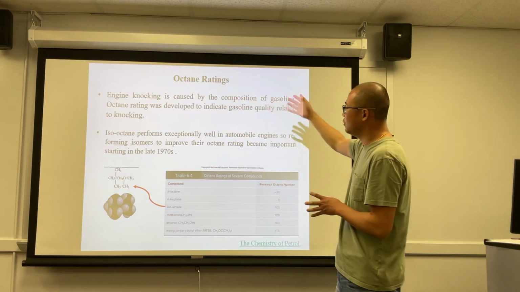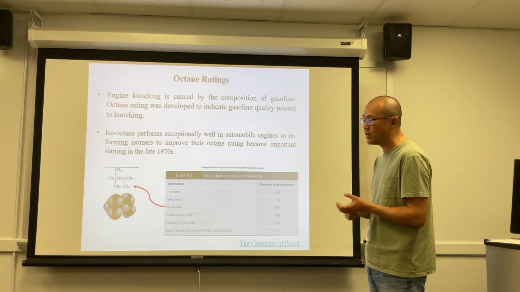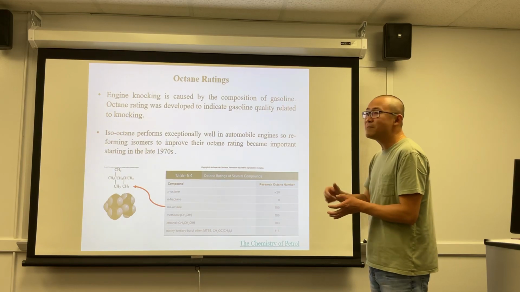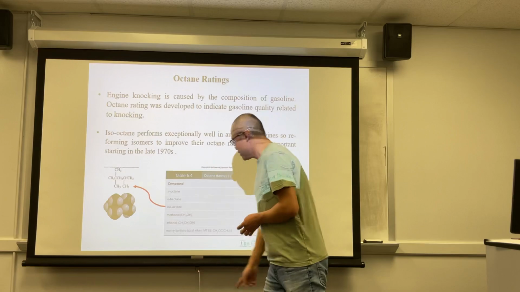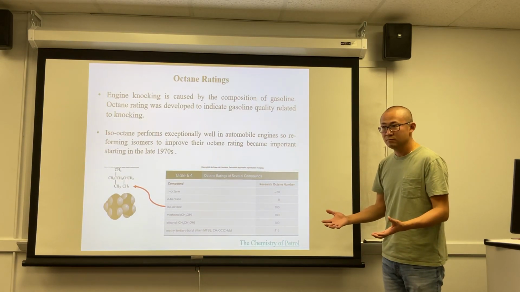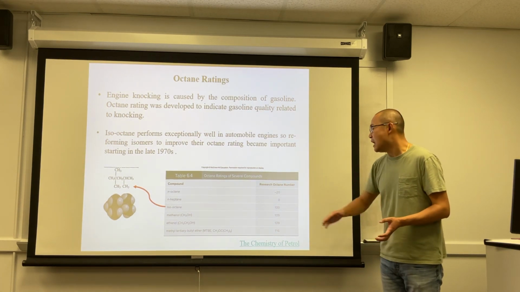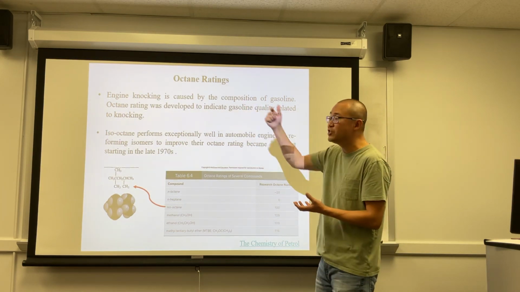If you learn more about engineering, you probably will know more about engine knocking, which is basically a knocking of an engine. Some gasoline molecules, like isooctane, the branched one, have a very good anti-knocking rating, so we give it a high octane number. Again, a higher number means it's a good fuel that can avoid engine knocking.